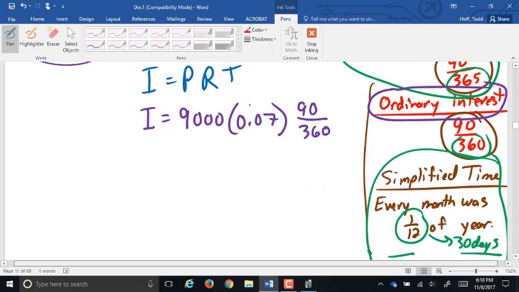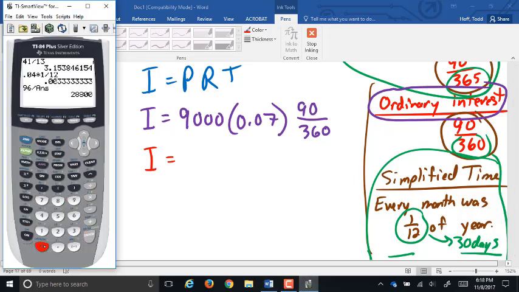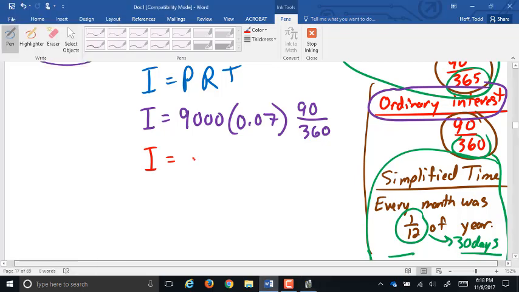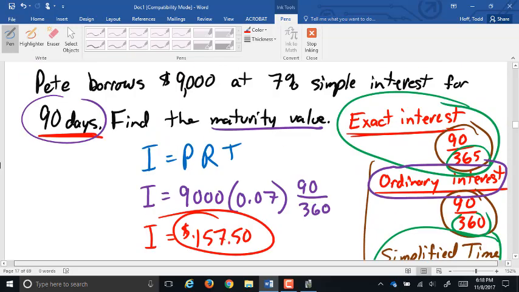So that amount of interest is going to be 9,000 times 0.07 times 90 over 360. That gives you $157.50 as the interest. I asked for maturity value? Yes, I did.